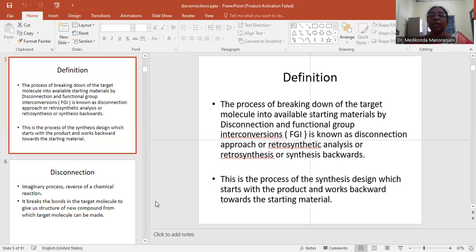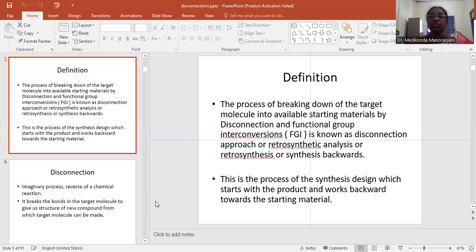Now let us see the definition of retrosynthetic approach. The process of breaking down the target molecule into available starting materials by disconnection and functional group interconversions is known as disconnection approach or retrosynthetic analysis or retrosynthesis or synthesis in the backward direction.